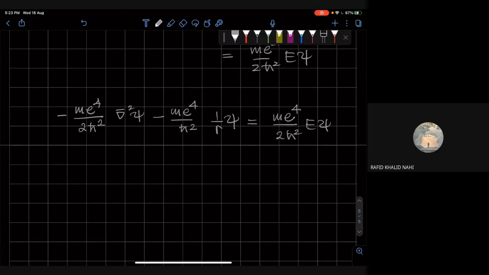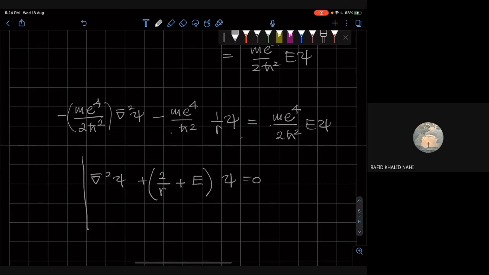So if I divide out by this factor all through, minus of this factor, I get del squared of psi, the sign flips, 2 by r, because there is no half here. And then we can bring this over to the other side, then it'll become a minus sign, but the sign flips. So we get plus E psi equals to 0. So this becomes our Schrodinger equation.